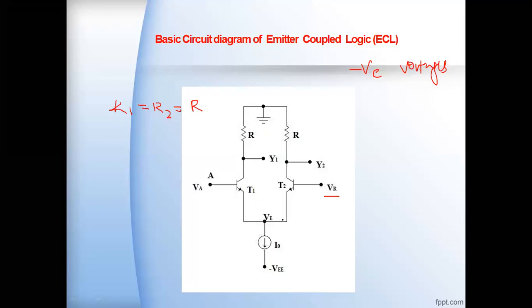That's why the name emitter coupled logic. All the emitter terminals are connected to a current source, or you can have a pull down resistor, so that the total amount of current flowing in the circuit can be controlled.